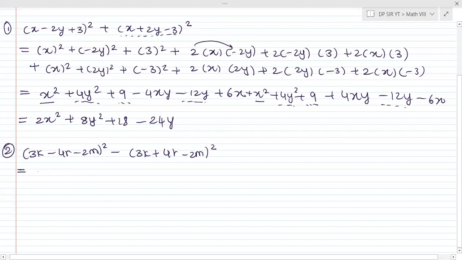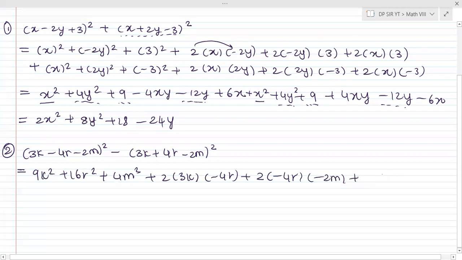That is 9k square plus 16r square plus 4m square plus 2 into 3k into minus 4r, plus 2 into minus 4r into minus 2m, plus 2 into minus 2m into 3k.